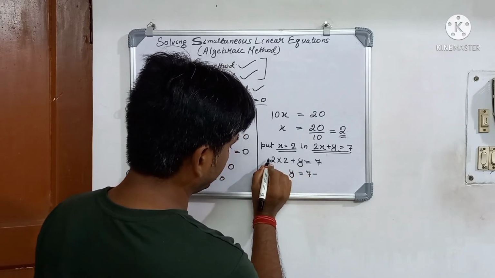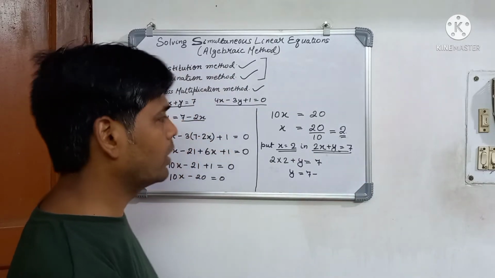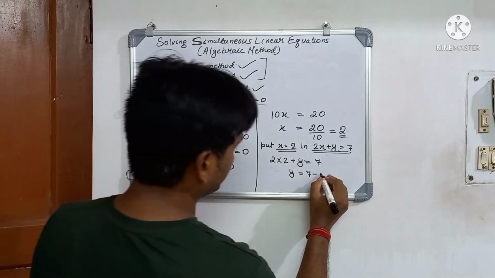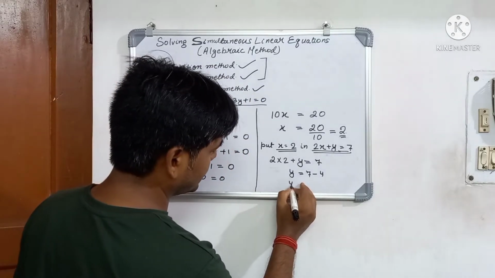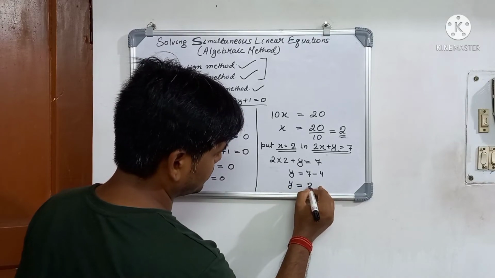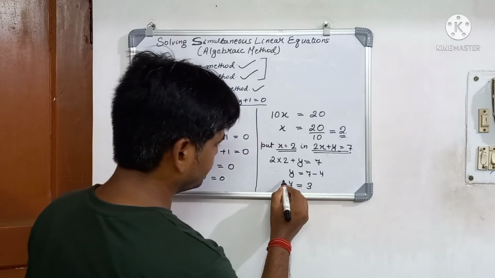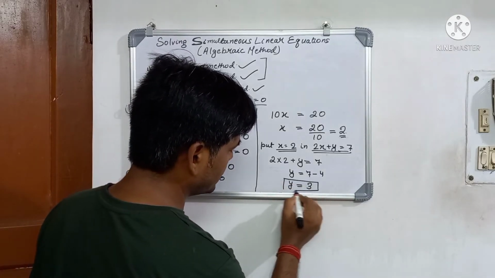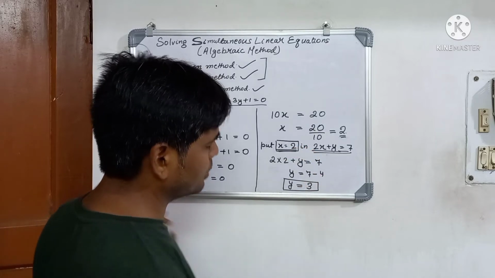So here we will have 4, and then finally I can say that the value of y is equal to 3. Therefore, the solution of these two equations is x equal to 2 and y equal to 3.